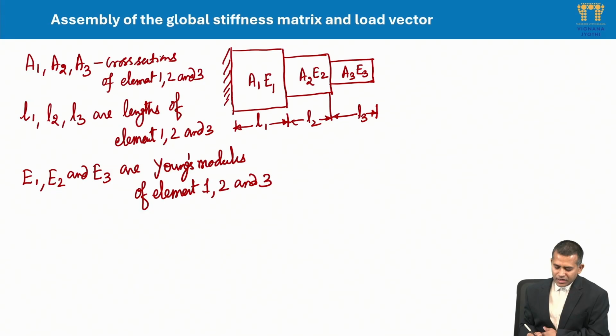So these are all the geometry and material properties I have set. A1 and length, these are the geometric properties of the given system, and E1, E2 are the material properties of the given system.